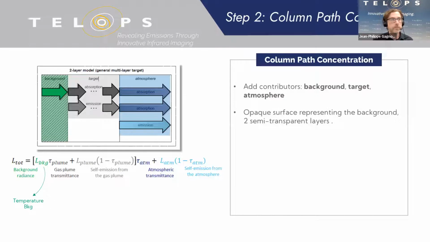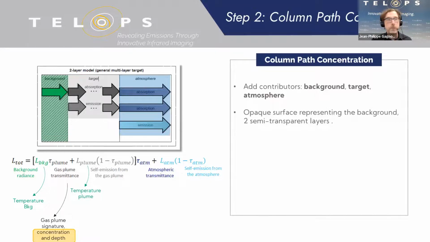For example, in order to solve that equation and get the parameters of the plume, we need to know the temperature of the background. That's an unknown. We don't know that unless you go out and probe it. We need to know the gas plume signature, the concentration, and the depth of the plume that we're trying to measure. These are all unknowns.